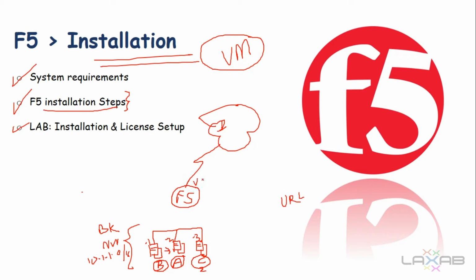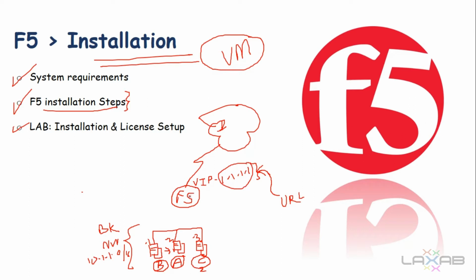You will configure a virtual IP address on this F5, say 1.1.1.1, the public IP. This is the public IP resolution for the URL which you are hosting.